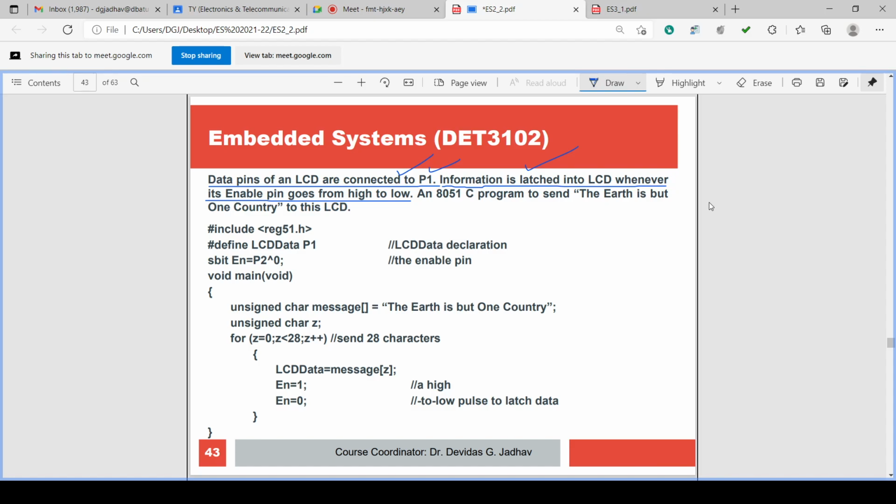It is called latching of the data into the LCD. So the enable pin going from high to low latches the data from the 8051 P1 port to the LCD module, because the 8051 P1 port pins are connected to the LCD module data pins.